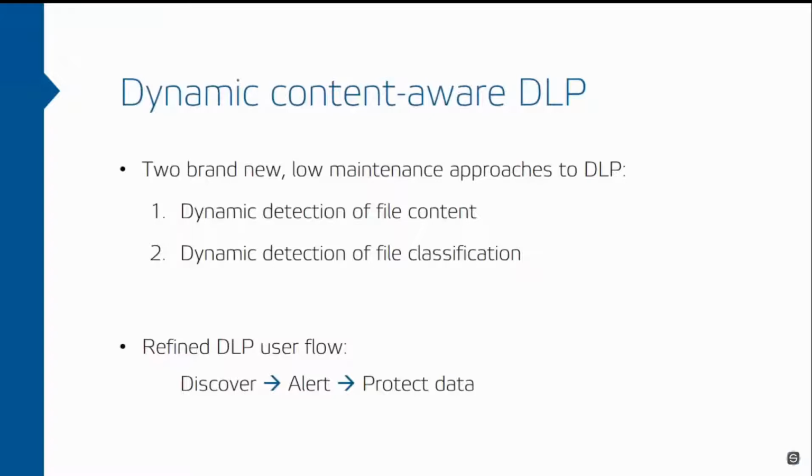And for these use cases, we brought the first new approach, the dynamic detection of file content, which enables you to detect content inside data as you are working with them, as you are sending them out of the endpoint.